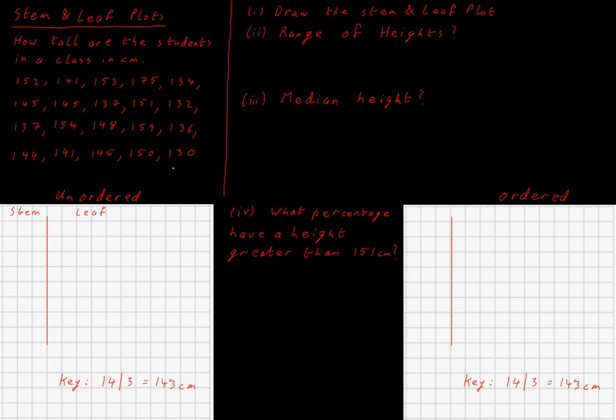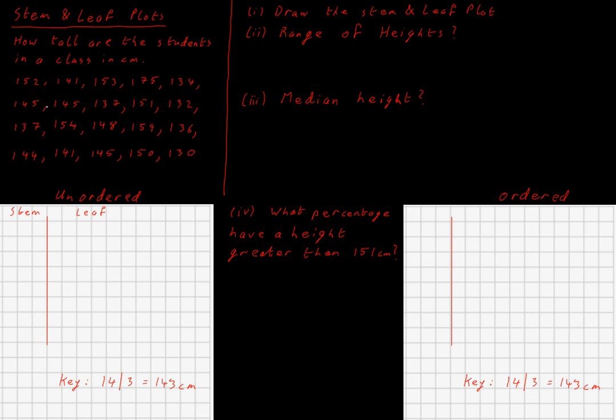So what we can do is either order this list from smallest to biggest as a list of numbers, or we can draw what's called an unordered stem and leaf plot. You're just going to write these numbers down in the order in which you find them, and then you're going to redraw the same diagram but putting them in order from smallest to biggest.